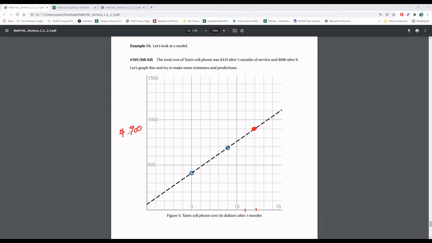We would estimate that to be $900. Of course, I'm going to ask, is this interpolation or extrapolation? Well, our known data points are here, so 5 and 9. 12 is outside of our known data set. That's going to have to be extrapolation.